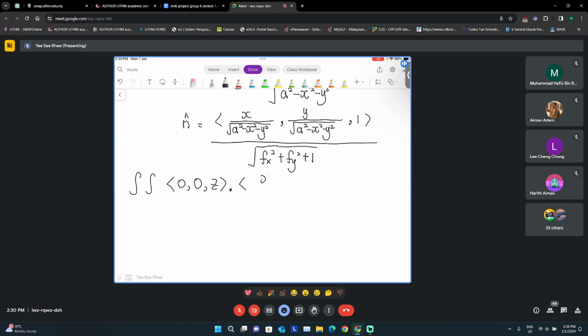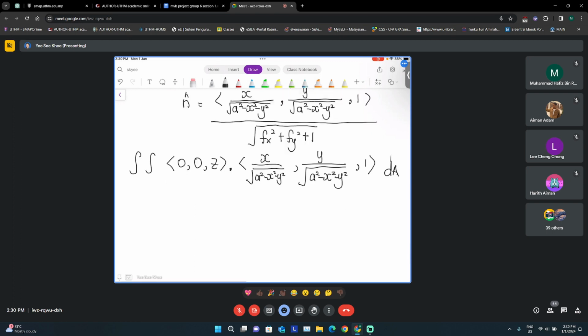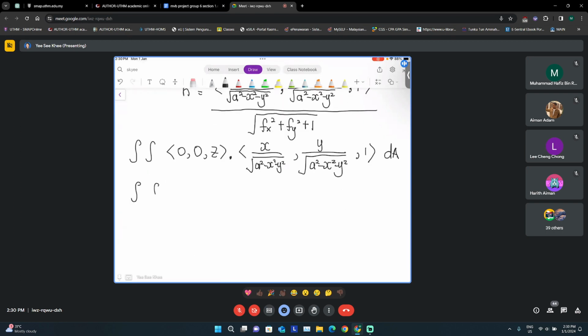So you have the x, so at the end it will be 0, then y, 1. Then we have a dA. Because these two are 0, it becomes very easy. You are just left with z dA.